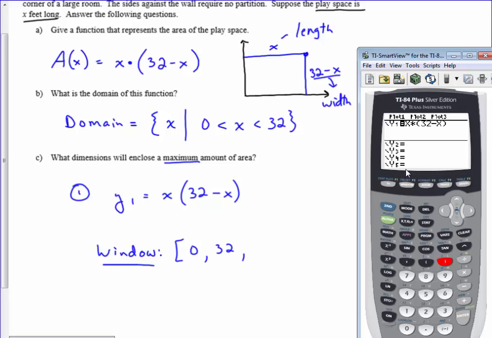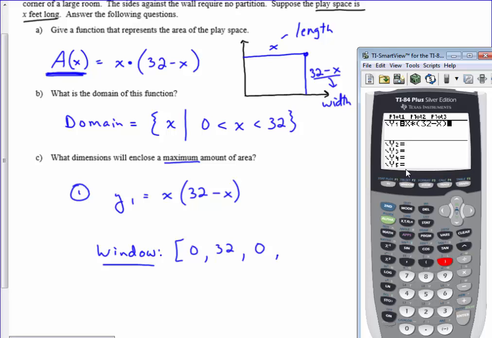The range of this function is the actual area. We're going to have a bit of a hard time determining the range, but we can use an idea that we understand. We know that area must be positive, so it has to be bigger than 0, so we're going to let the y minimum be 0.